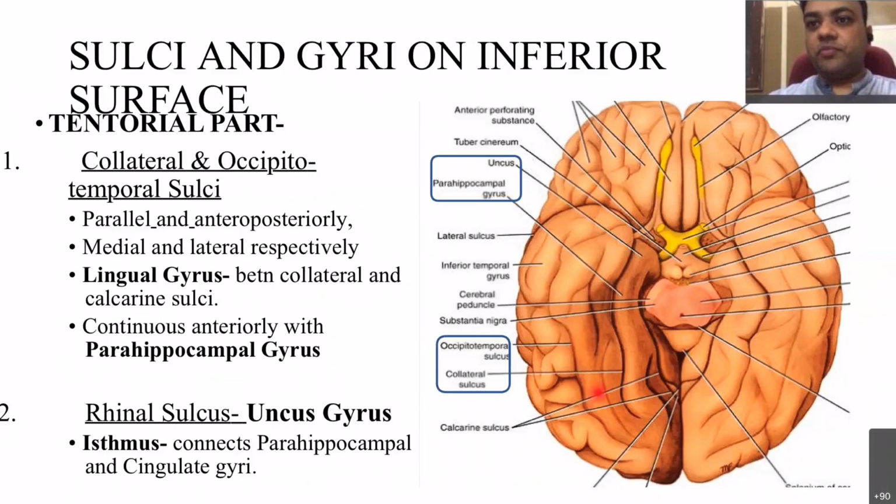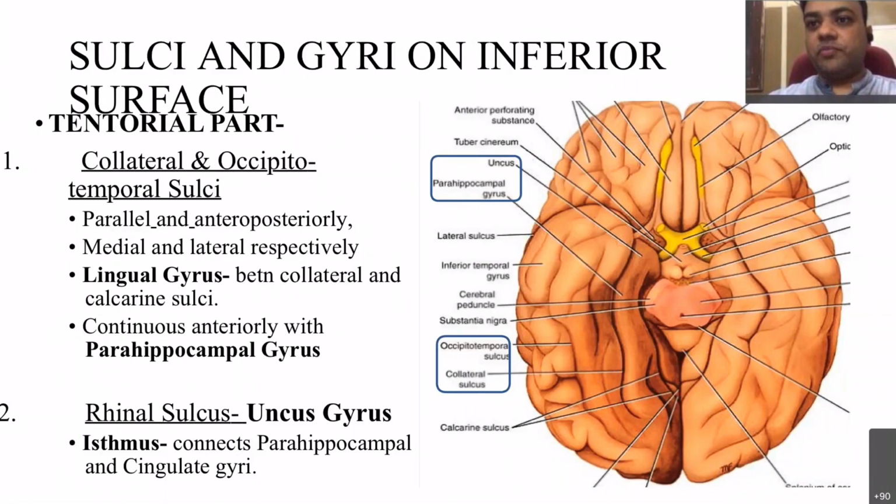Right? Now we see what gyri are present. There is the lingual gyrus here, which is between the collateral and the calcarine sulcus. The collateral sulcus and there is the calcarine sulcus. So there will be a lingual sulcus. It is not shown in your diagram, but this is the lingual sulcus here.